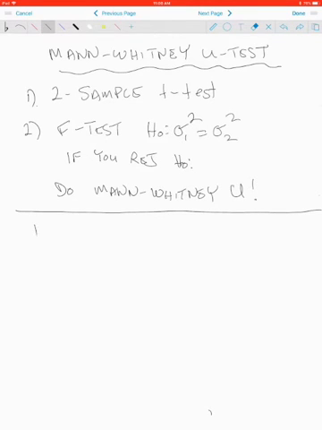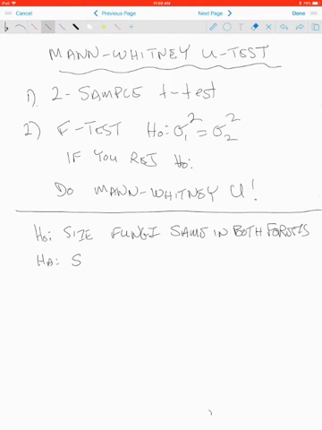I'm going to write out the null hypothesis in words, although it could be written as if it was means. The null hypothesis: the size of fungi is the same in both forests. And the alternative hypothesis is that the sizes are not the same.